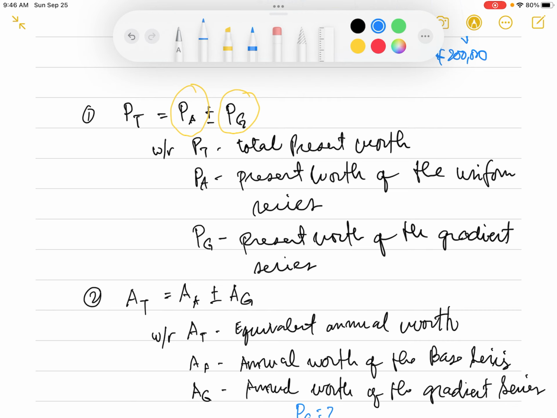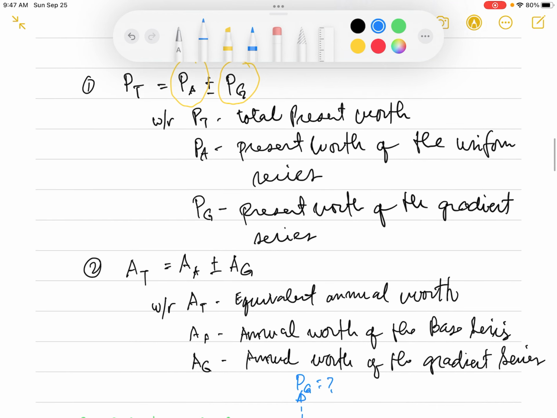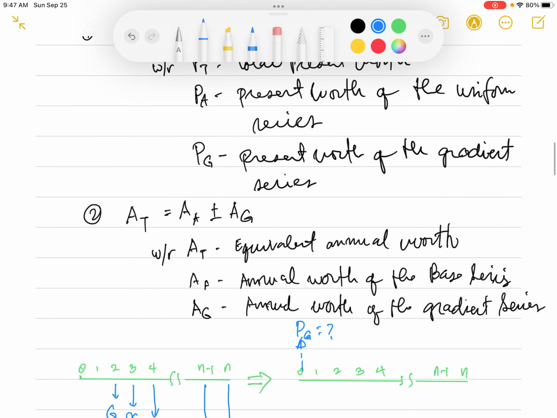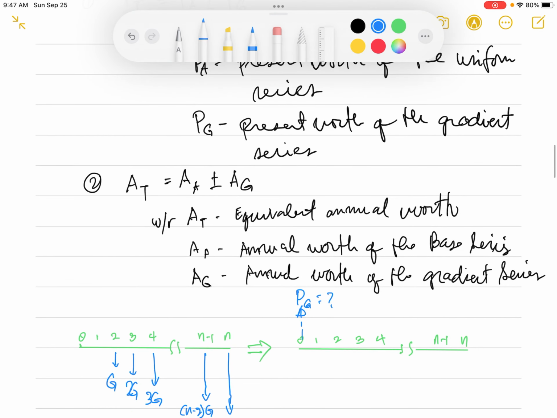In the same manner, if you want to compute the annualized or the equivalent annual worth of these cash flows, it's just equal to the annual worth of the base series, plus or minus the annual worth of the gradient series here.